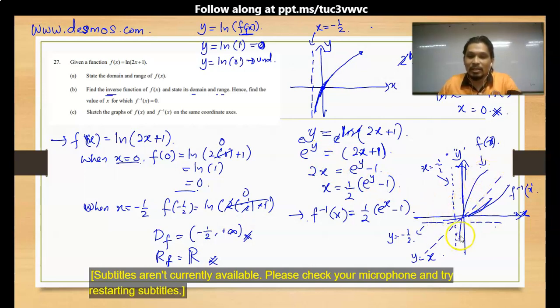So this is the graph of f(x), this is the line of reflection, the mirror, and this is the graph of f inverse. That's all for today.